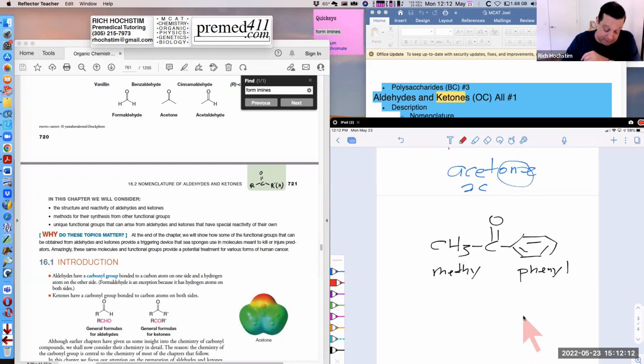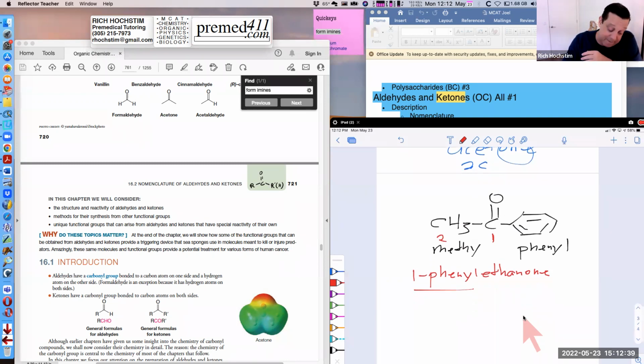And if we did this, it would be 1-phenyl ethanone. So we're starting numbering over here. And then there's a phenyl on the number 1, and it's a ketone. Now, I don't know if that form will be on the MCAT. It's a little fancy, but that's how the IUPAC would look.